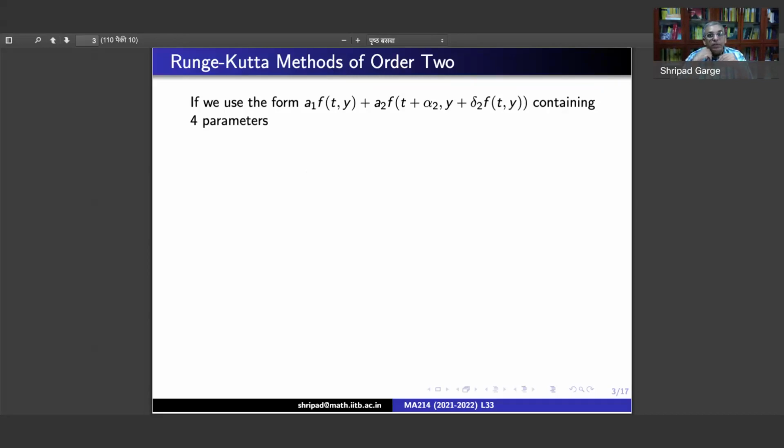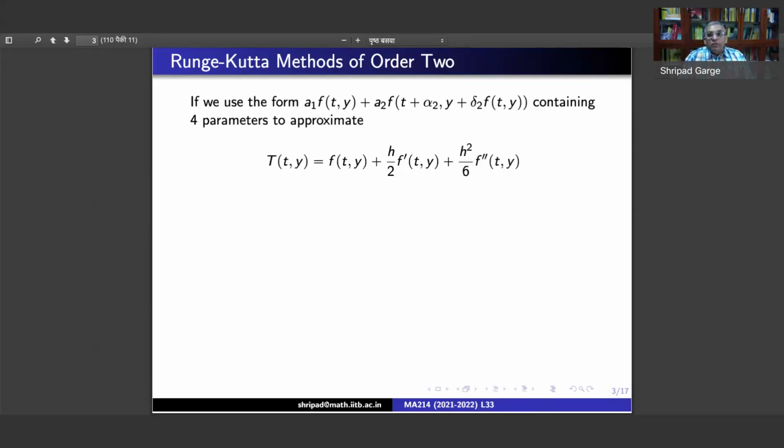So we have four parameters, and what we would try to approximate with this is this slightly more complicated capital T, which is f(t, y) + (h/2) f'(t, y), and now we are adding the f''(t, y).